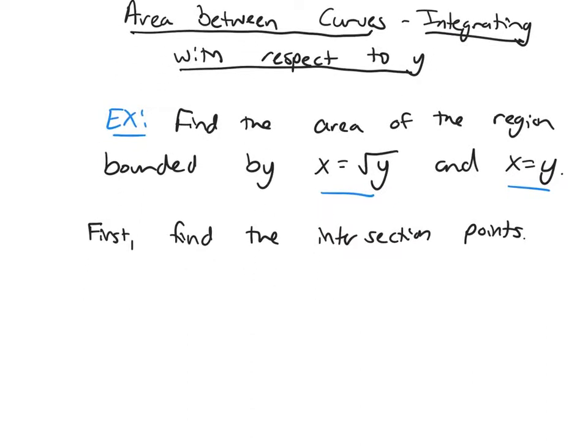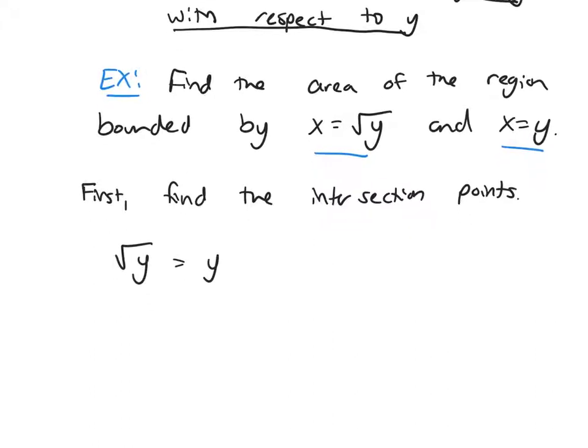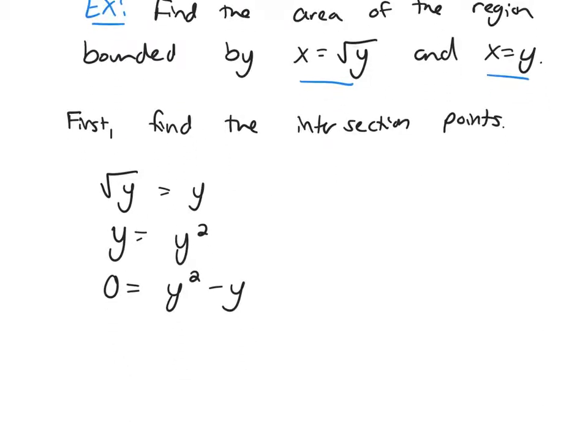So we're going to set these two equations equal. They're both solved for x, so square root of y equals y. And now we're going to square both sides to get rid of our square root. Move all our terms to one side. And then I can factor out the y.